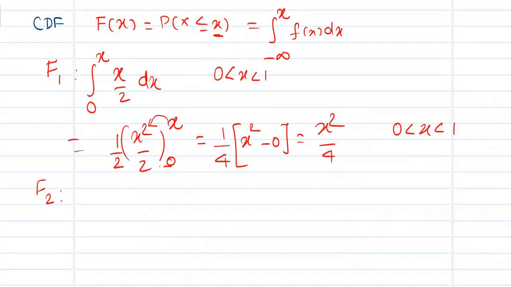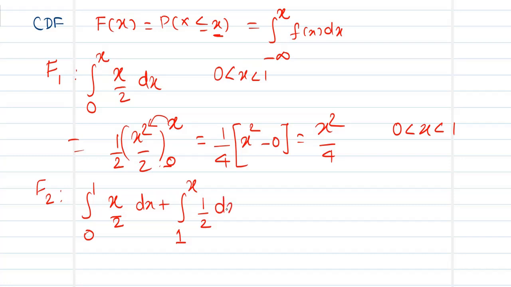So what happens over here? It will be integral from 0 to 1 entirely completed for the function x by 2 dx plus, now the second function starts with 1 and it moves till the current value of x. The function to be integrated is half dx. So this is for the range 1 less than x less than 2.